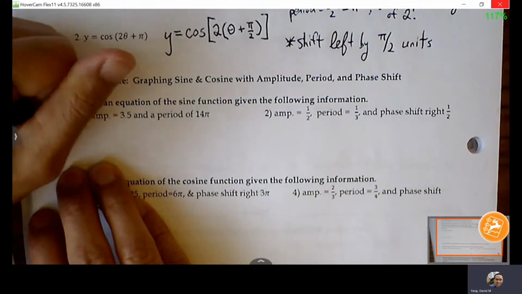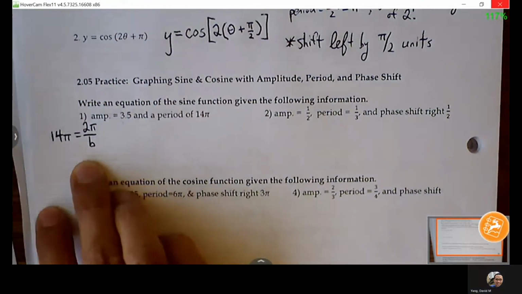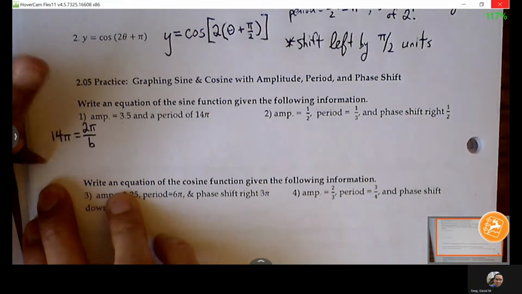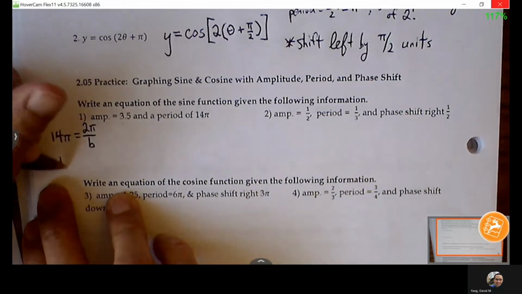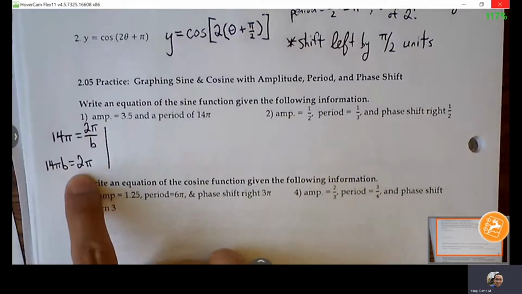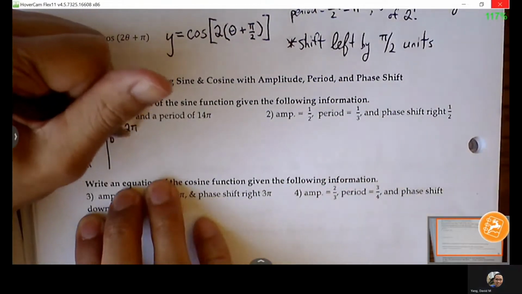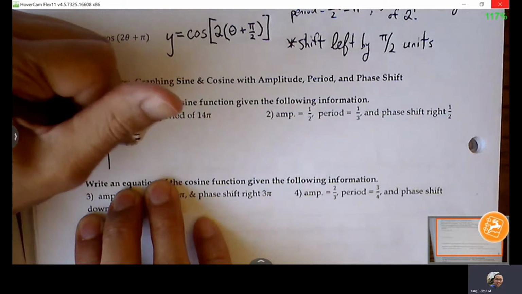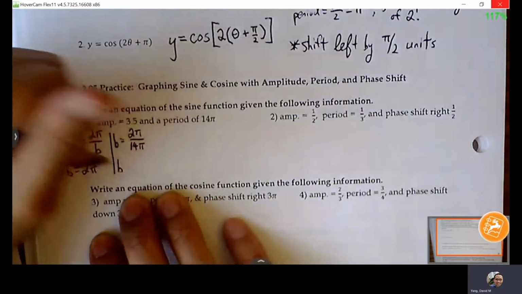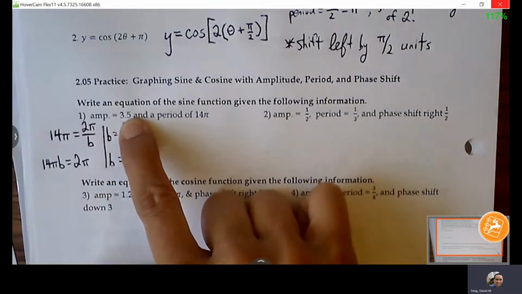So period is equal to 2 pi over b. Cross multiply. Divide both sides by 14 pi. Yeah, 1 over 7. The pi's cancel out. 2 over 14 reduces to be just 1 over 7. Our a value is 3.5, or plus or minus 3.5.